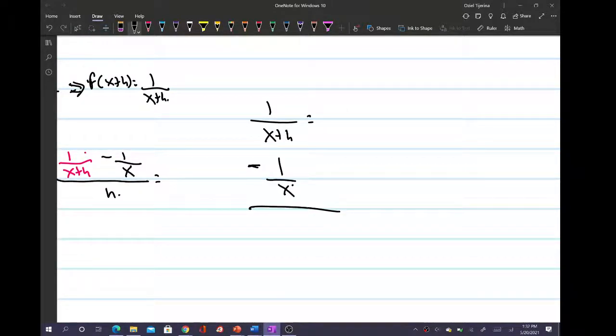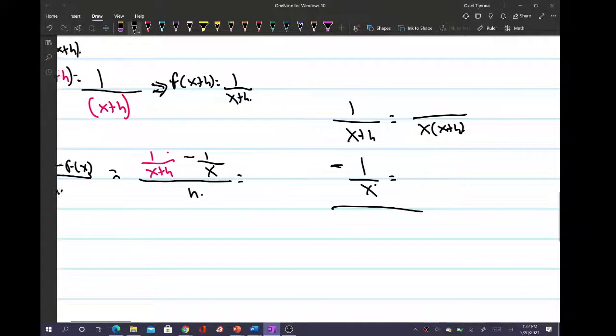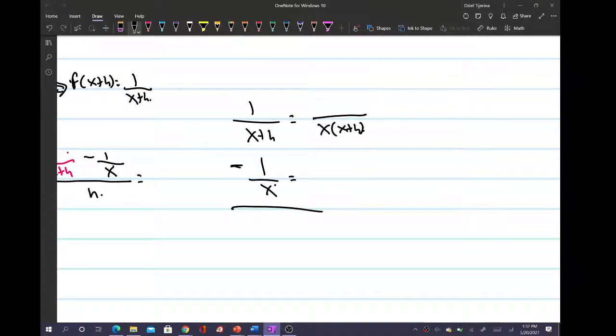So you're going to say 1 over x plus h, and then you're going to make it equal to x times x plus h. And then here you're going to say is equal to x times x plus h. So to get from x to x times x plus h, we multiply times x plus h. And then what you do to the bottom, you do to the top. So you have 1 times x plus h, right?